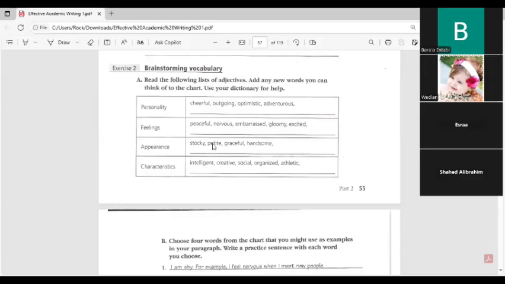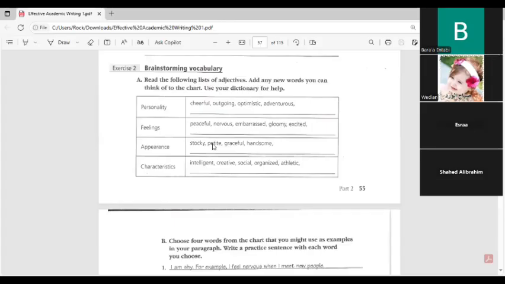This petite, for example, if a woman is petite, it means that she's short and thin, but in an attractive way. In Arabic, we say ناعمة. If we want to describe someone who is thin and a little short but in an attractive way.